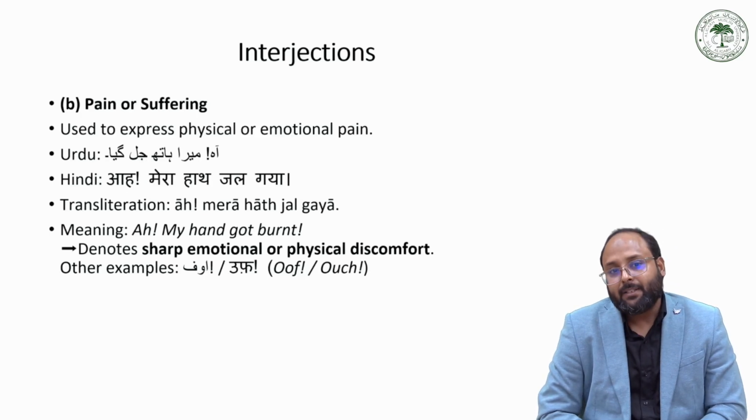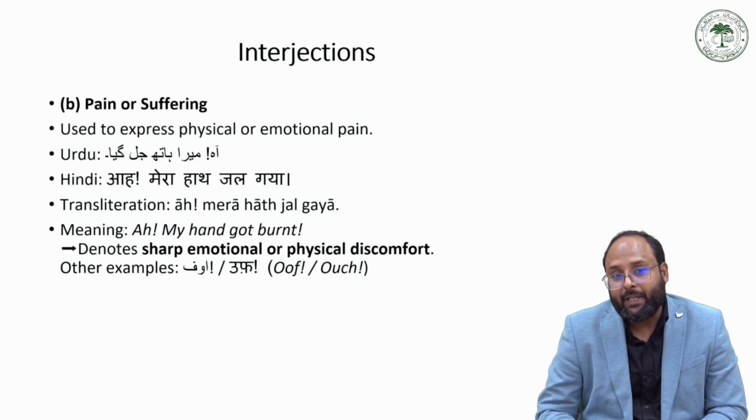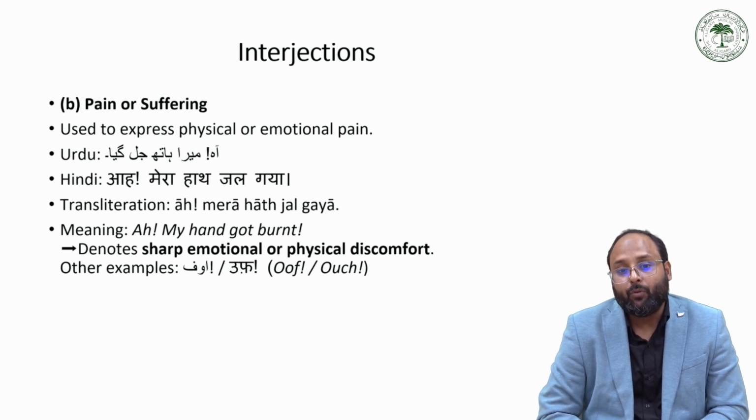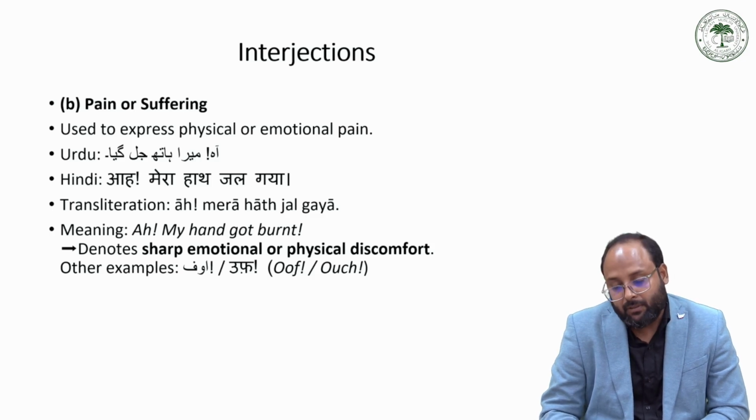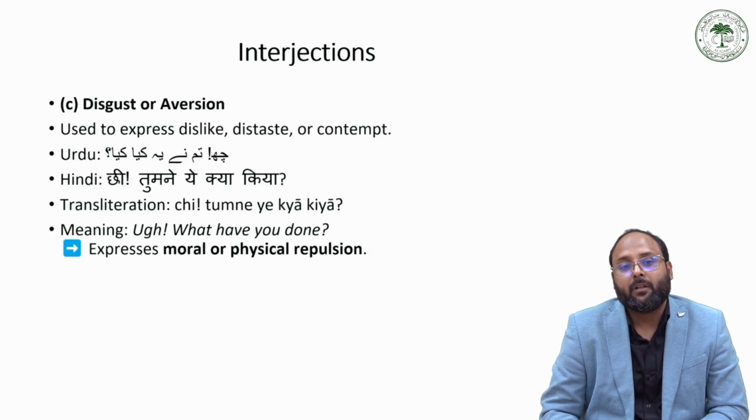And for pain and suffering, we use, for example, mera haath jal gaya. So that gives the meaning of pain or suffering. They denote sharp emotional or physical discomfort. Another example, उफ, मेरा हाथ जल गया, उफ वो फेल हो गया.